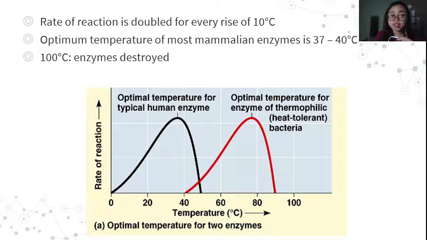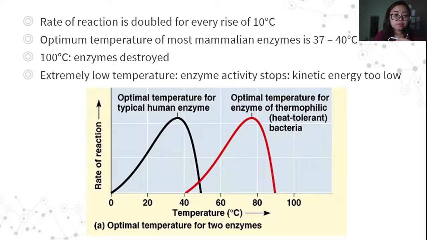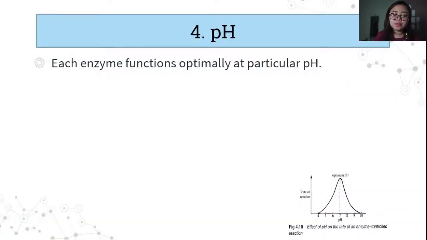After 100 degrees Celsius, enzymes will be destroyed. And at extremely low temperature, the enzymes will be okay, but enzyme activity stops because the kinetic energy at very low temperatures is too low. Okay, so that is it for the third factor.